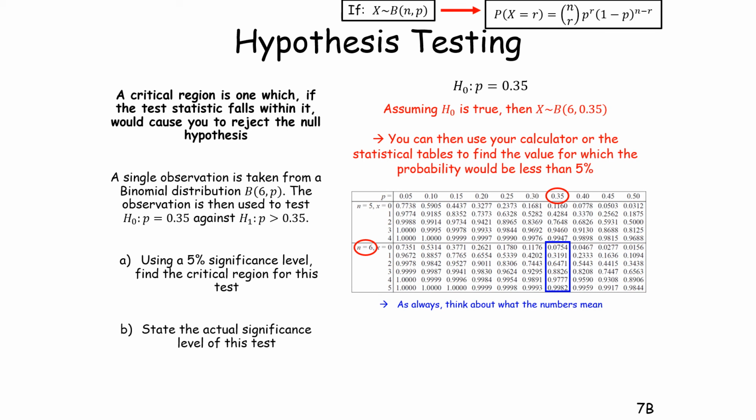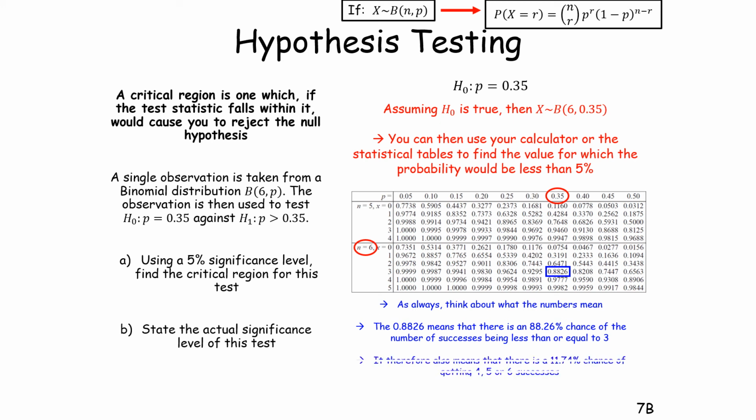As always, think about what the numbers mean. This number here, 0.8826, means there is an 88.26% chance of the number of successes being less than or equal to 3. So it also means there is an 11.74% chance of getting 4, 5, or 6. It's the other side of the argument.